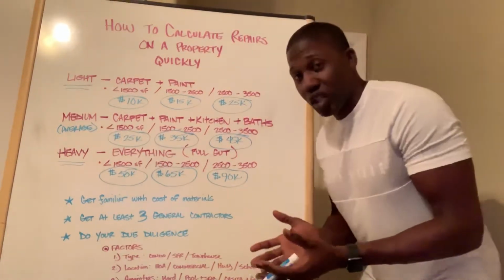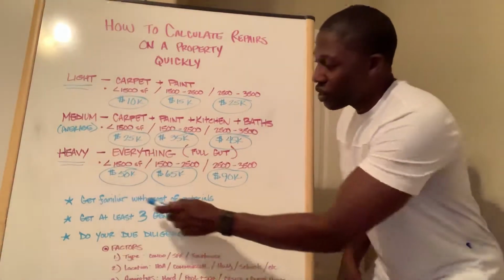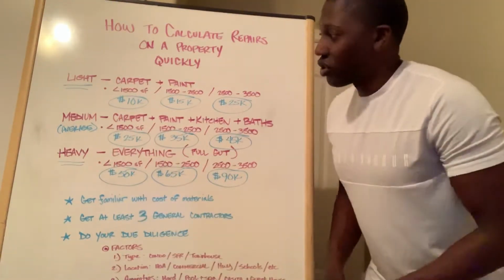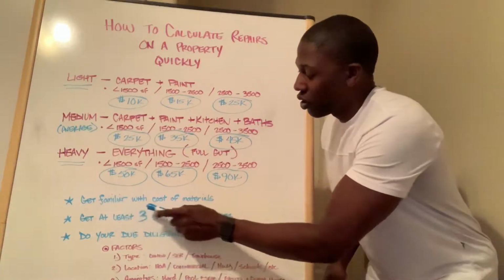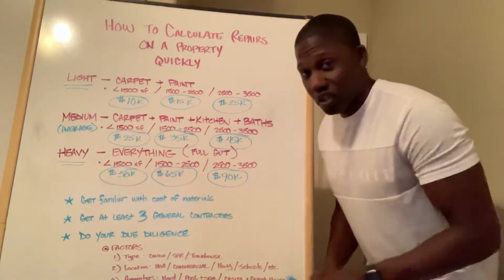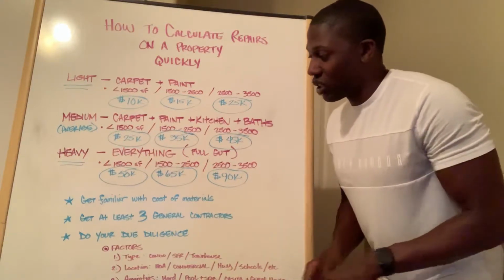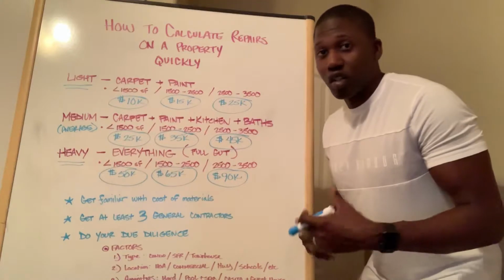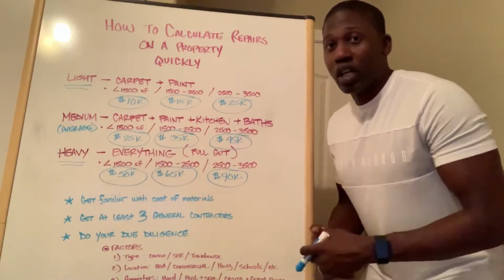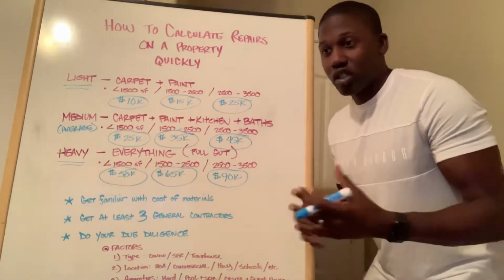Also, something you want to think about when you're factoring in those remodeling repair costs is getting familiar with the cost of your materials. This is one thing that's going to be beneficial to you. One way is to go to Lowe's or Home Depot and just shop around.